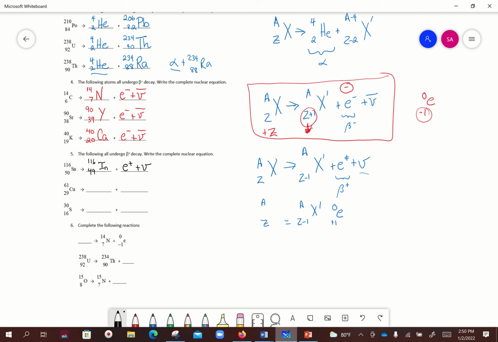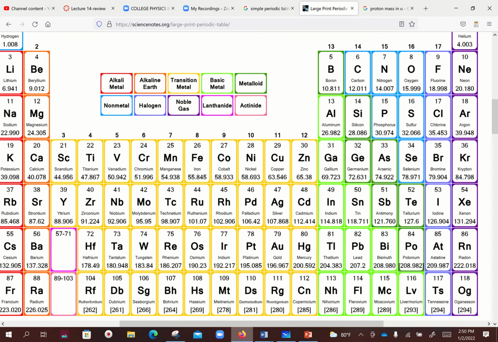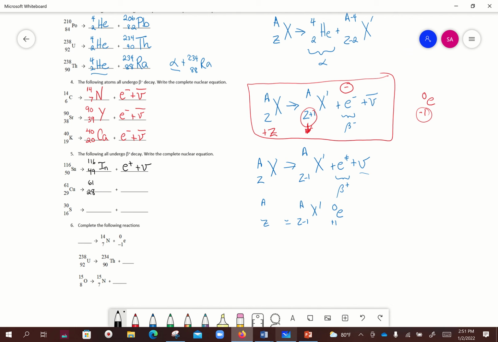All right, 61, 29 copper. So I go 61, jump down 1 spot in the periodic table, so I'm going to go to 28. And 28 in the periodic table is right in the middle there, that's nickel. Plus a positron plus a neutrino.